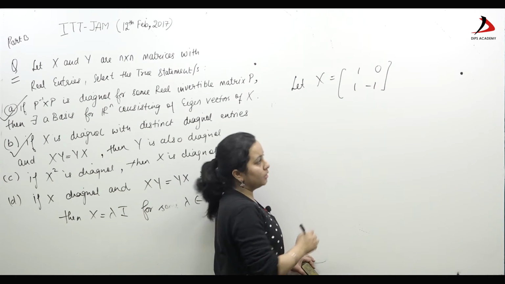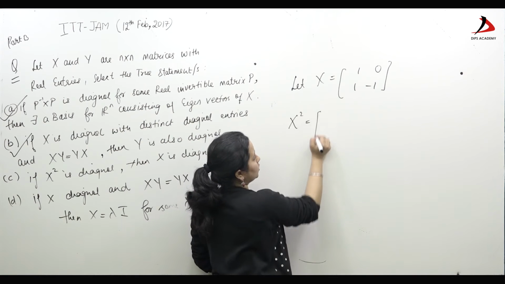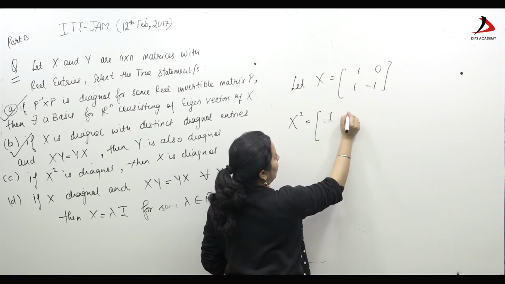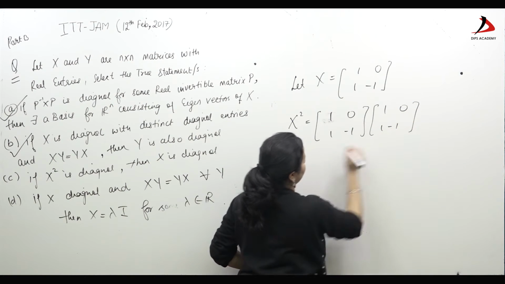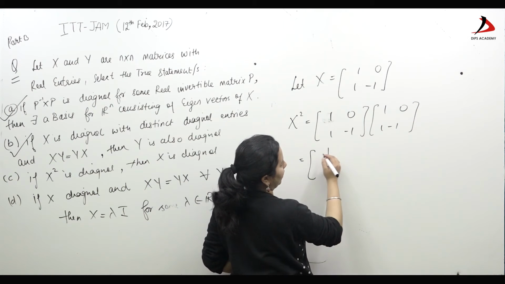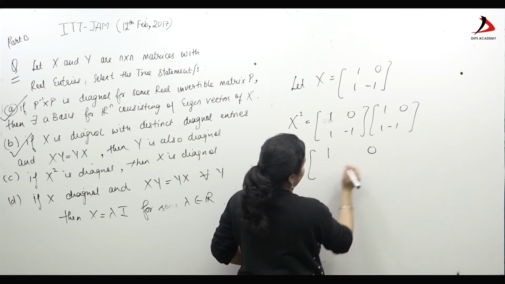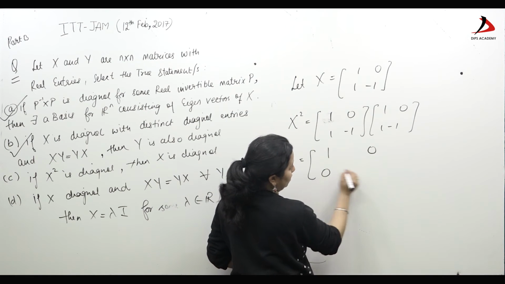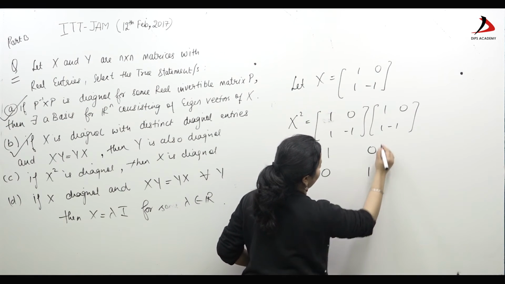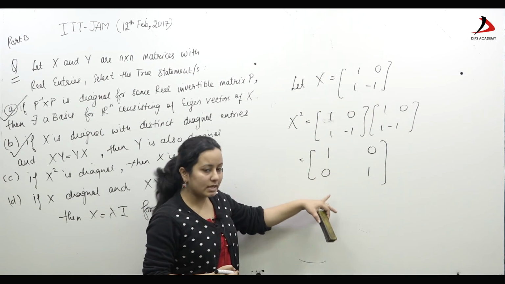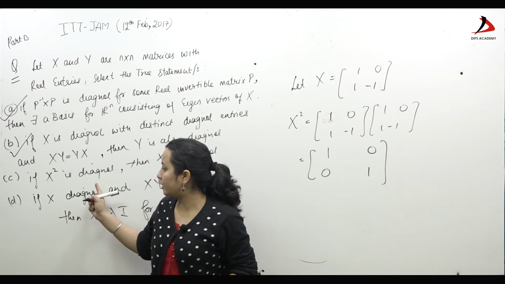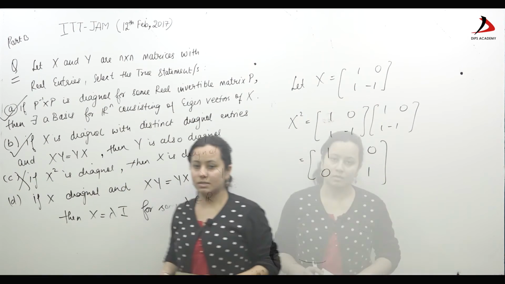X is a non-diagonal matrix and X square will be 1, 0, 0 and 1. X being non-diagonal but X square is a diagonal matrix, hence this statement C is false.